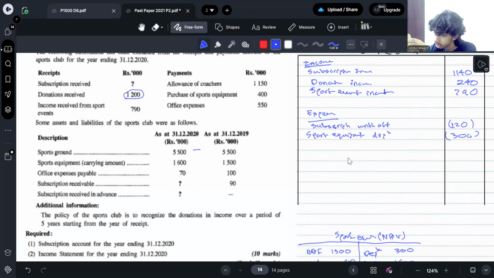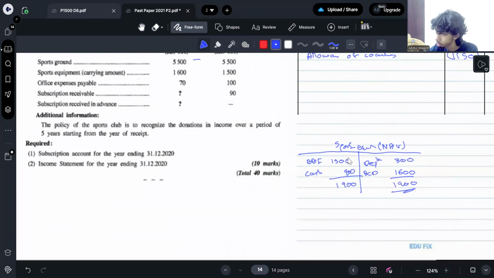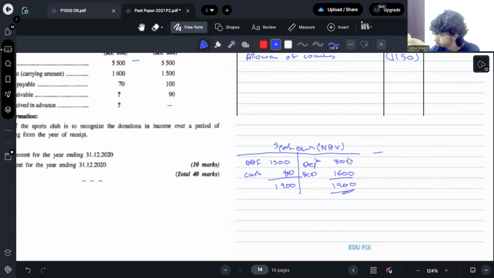Next, office expense payable. Subscription received in advance none. Allowance of coaches, you can record as expense. There are no accrued amounts, 1,150. Now for the office expense payable, you have to record the office expense payable account and find how much is paid.